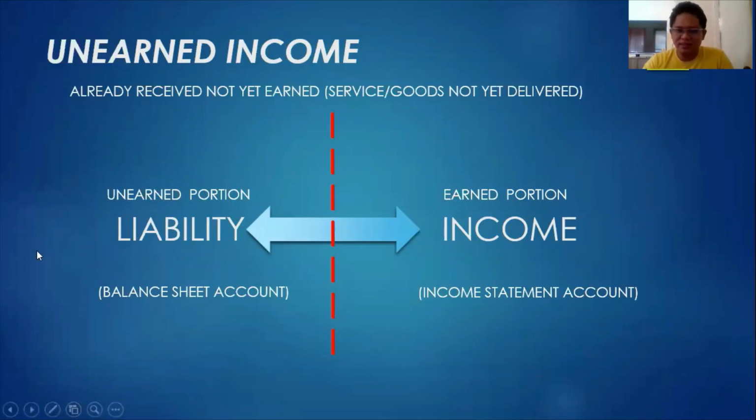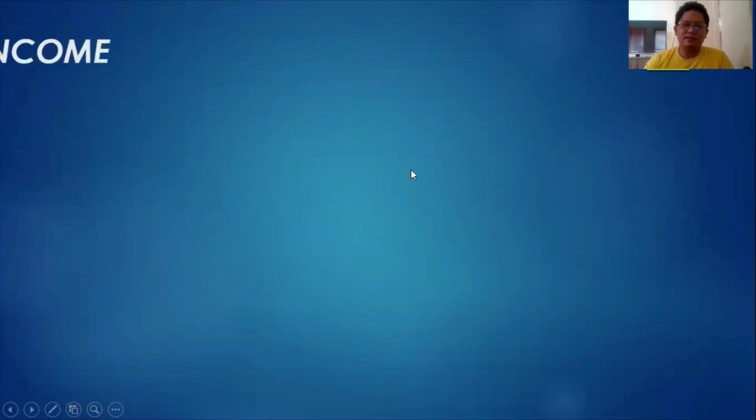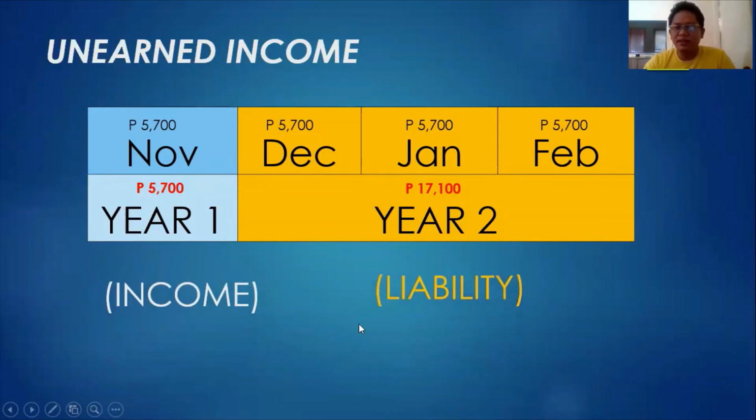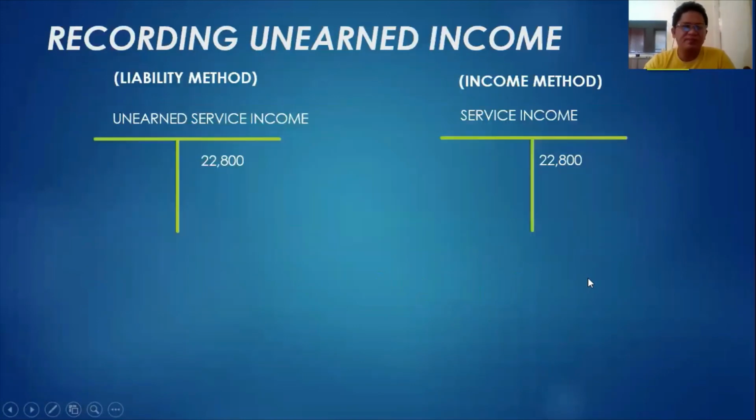We owe it to our customers because we haven't rendered or delivered the goods or services yet. Okay. So 5,700 here is earned, and 1, 2, 3 months are not yet earned. So 5,700 earned, 17,100 the unearned portion. So we can recognize 5,700 as income, 17,100 as a liability. We owe it to our customers.